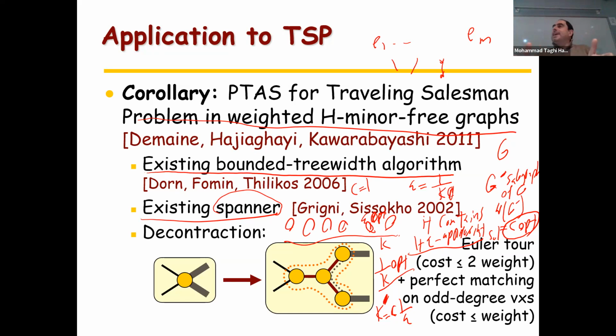If you delete the edges, then you cannot do this reconstruction. You found something for the bounded treewidth graph, but there are some edges missing, and the whole thing might not even be connected. That's the problem. But when you do the contraction, you know that the whole graph is connected.